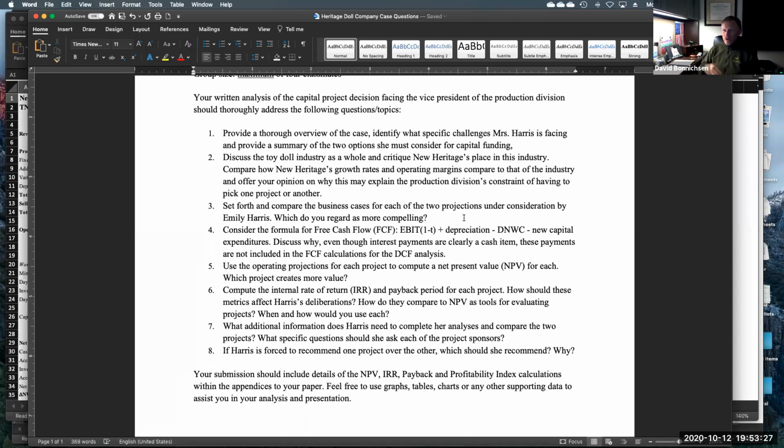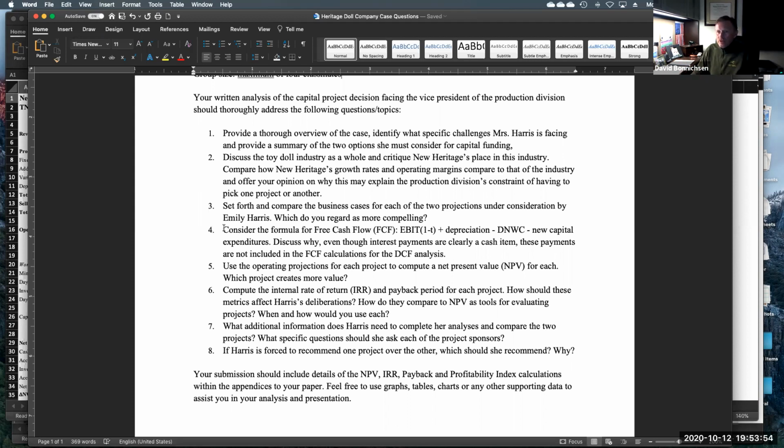Before you get into the numbers, which project that they're considering implementing seems a little more compelling? You could be right, you could be wrong. The answer to question number 3 doesn't necessarily have to be the answer to question number 8. But which project do you find most compelling and why?